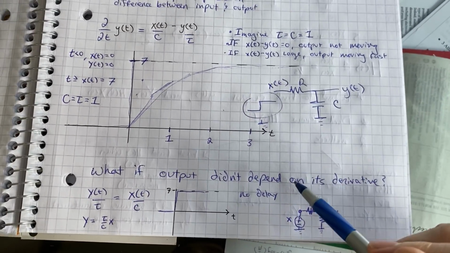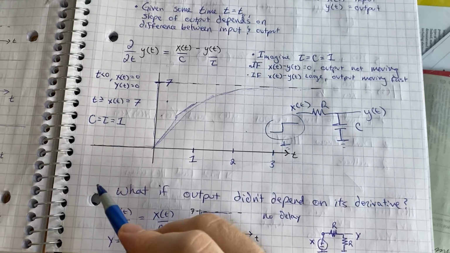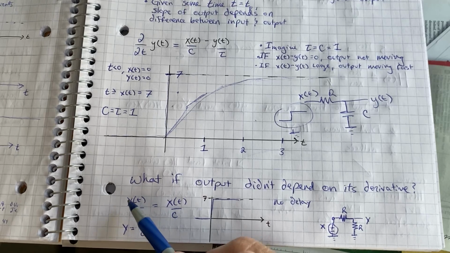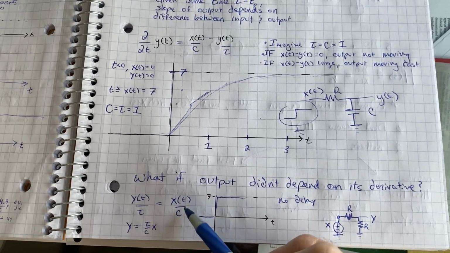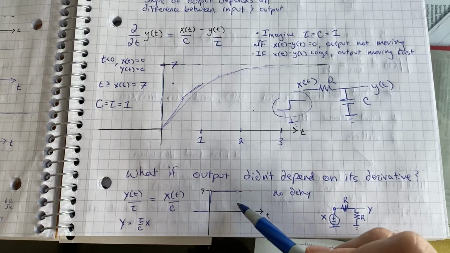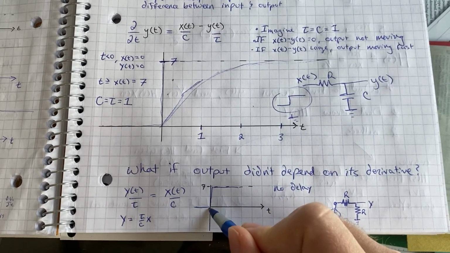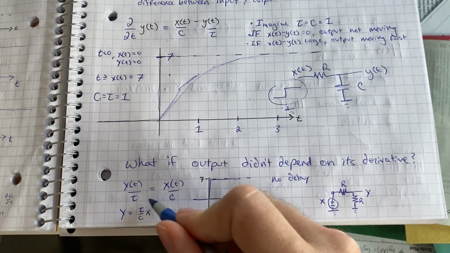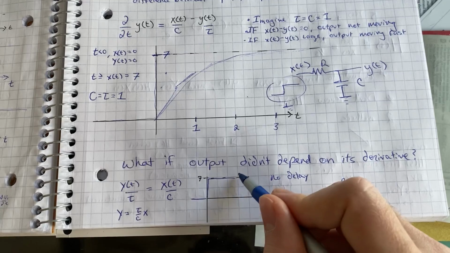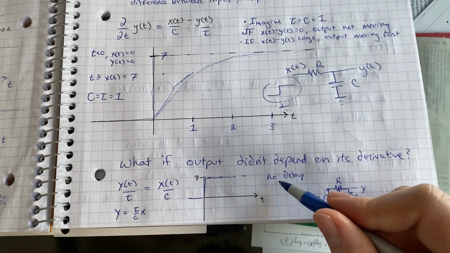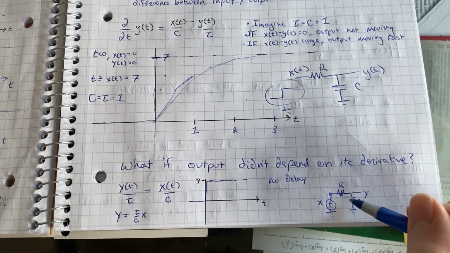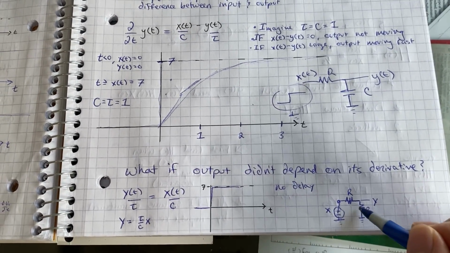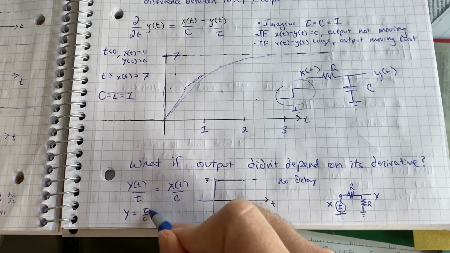And if the output didn't depend on its derivative, so this term is just 0, then we have some output relevant to some input scaled linearly. And that would mean that as x goes up to 7, y is just some scaled version of 7 instantly. So if these are 1, y is going to mimic that perfectly. No delay, and that's just a resistive divider. You can think of it like that, where voltage division is such that this relationship holds.